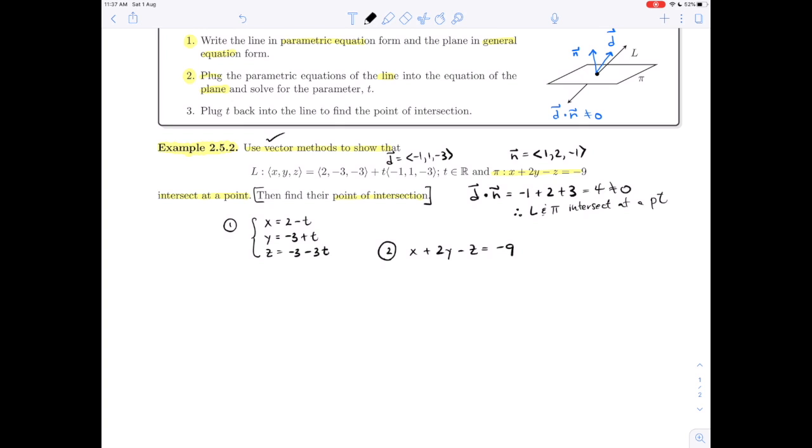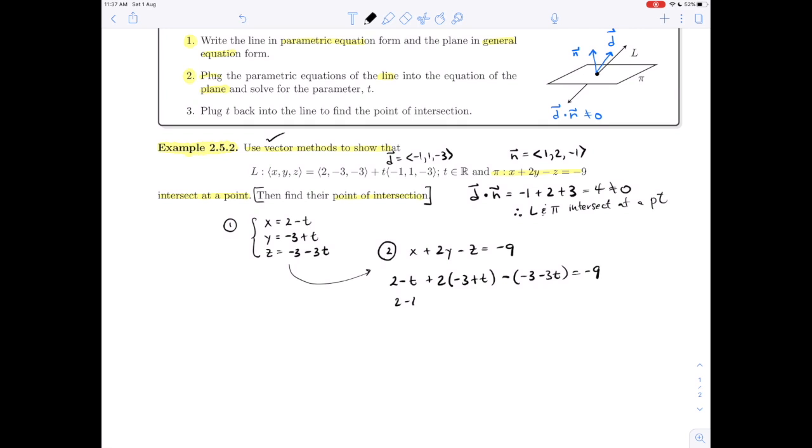If I take the equations of the line and plug those in, I get x is 2 minus t, plus 2 times y is -3 plus t, minus z, so -3 minus 3t, is equal to -9, and solve for t.